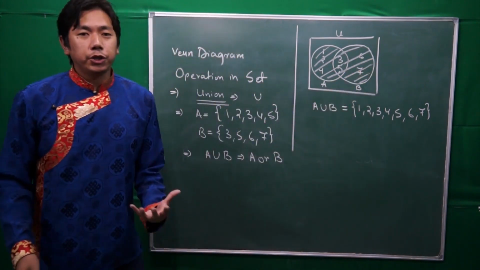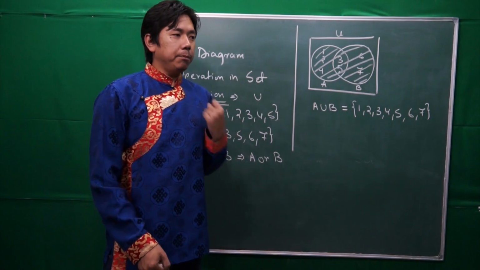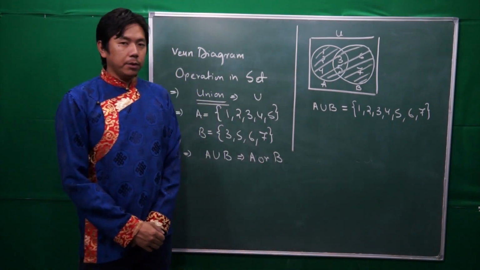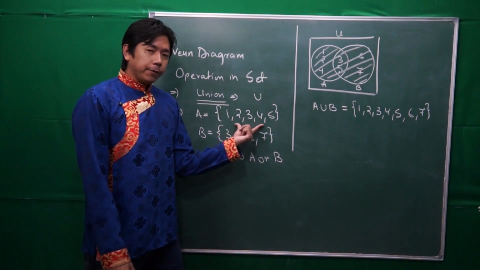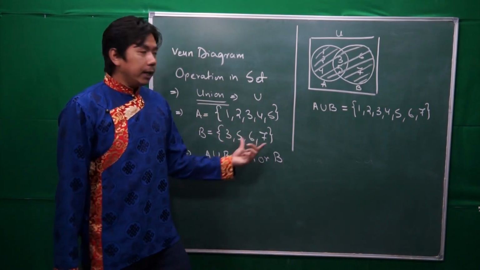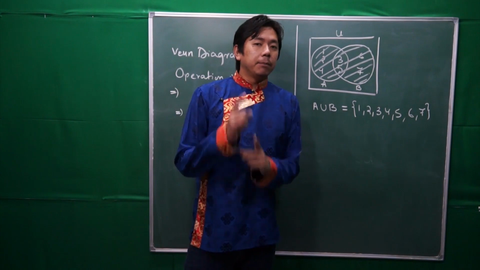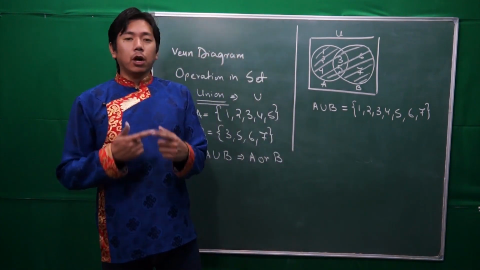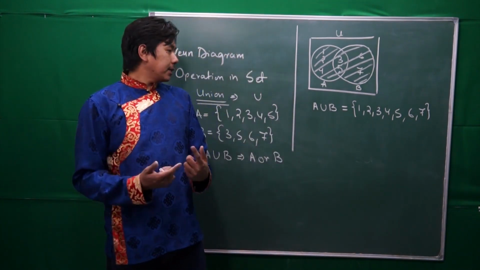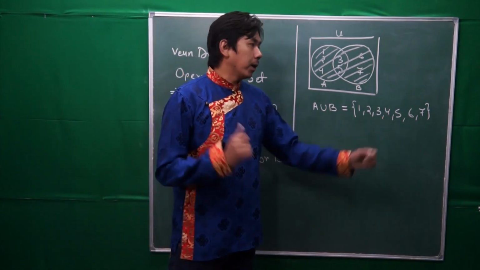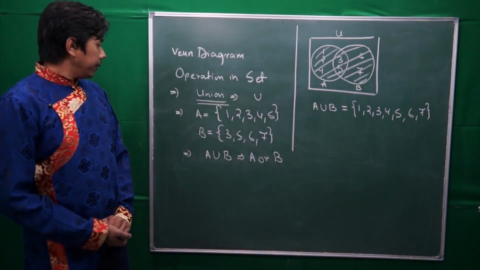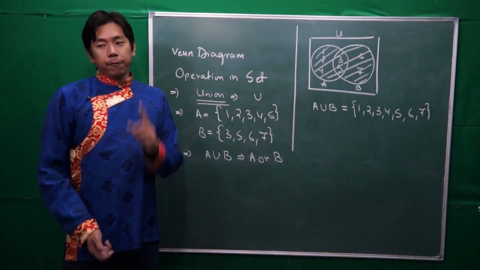All we needed to do was write all the elements of A and all the elements of B together. But remember, the elements do not repeat. The elements that are the same are written only once. This is called union, the first operation.